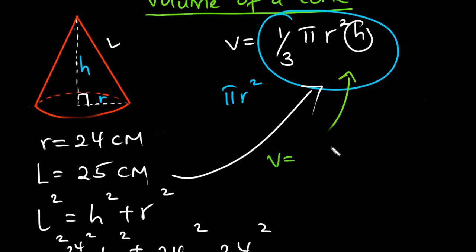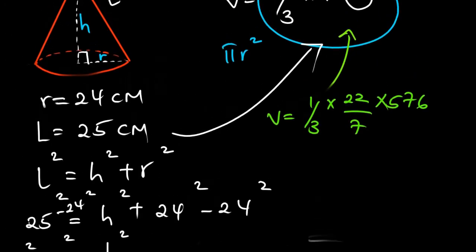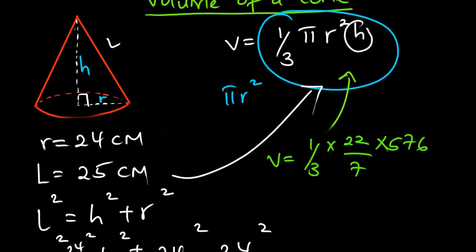So the volume is going to be 1/3 times pi, times the square of the radius. We can use 576 because we had already found it, and then times the value of h, which is now 7. So we can work this out. The 7 is going to cancel out with that 7, and 576 divided by 3 is 192.